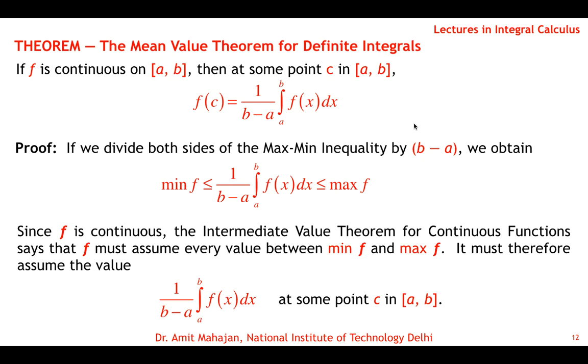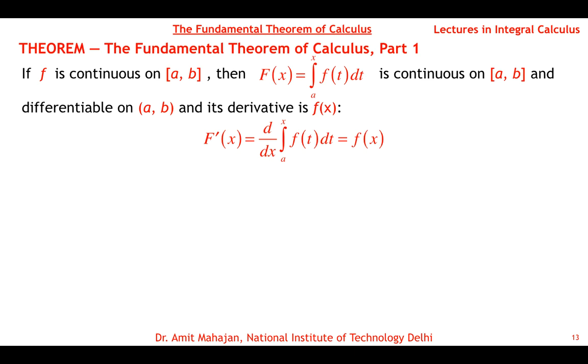Now we have the fundamental theorem of integral calculus, and there are two parts. The first is the existence of the antiderivative, and the second part is the evaluation of the integral using the antiderivative.